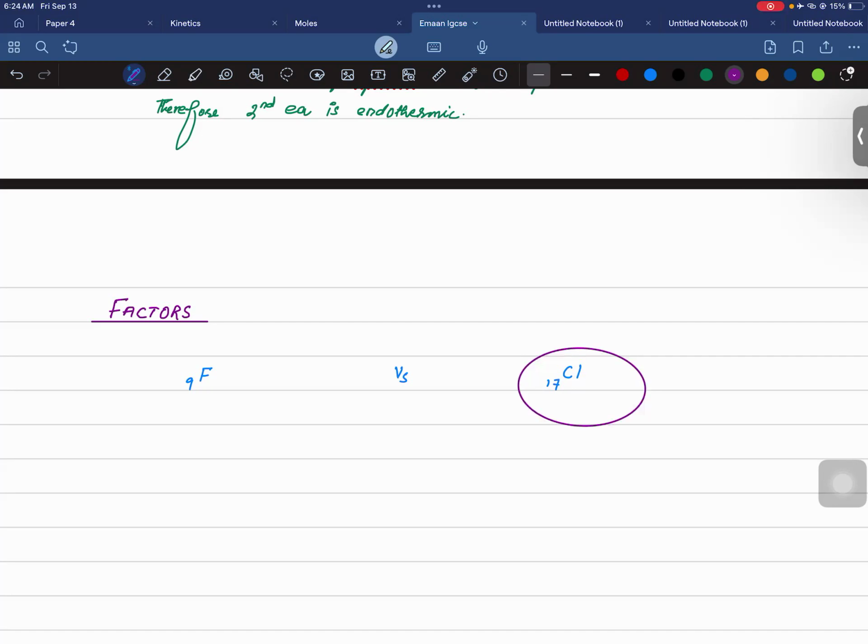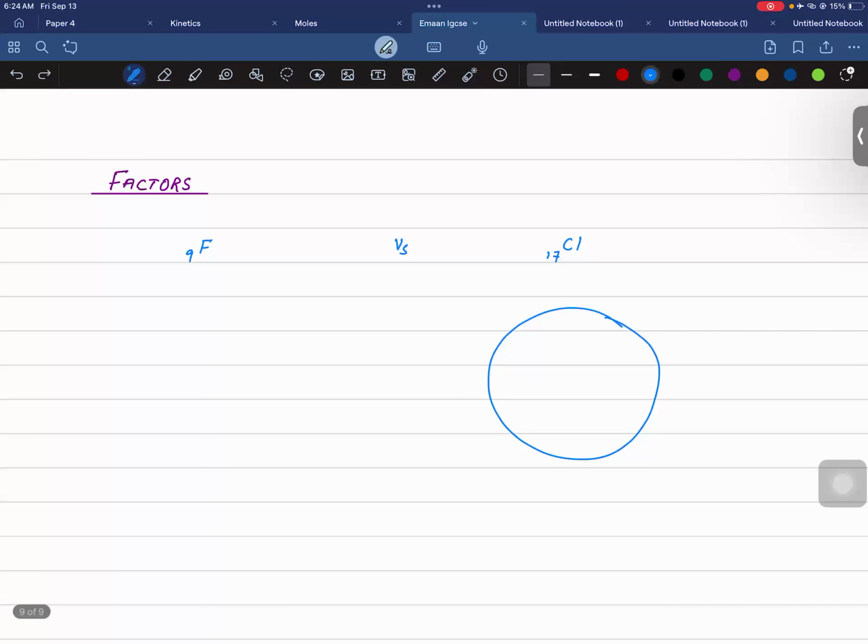Basically, you have to look at the size. Like if you can see the size of chlorine, chlorine is in third period. What does it mean? It means that chlorine has 3 shells and fluorine is in second period, so fluorine has 2 shells. More shells means larger atomic size. Larger atomic size means it has a lower attraction towards electron. This is the nucleus of fluorine and this is electron.